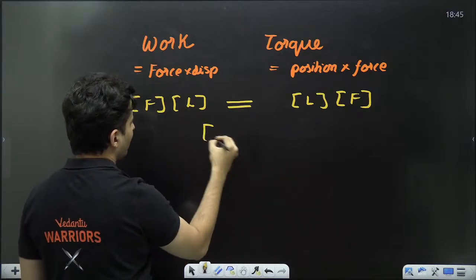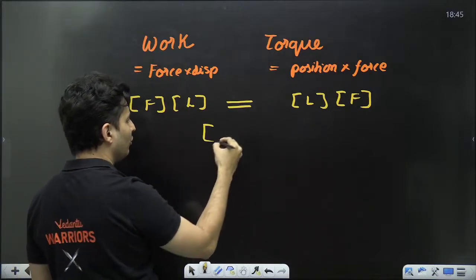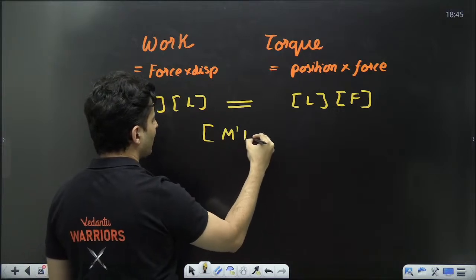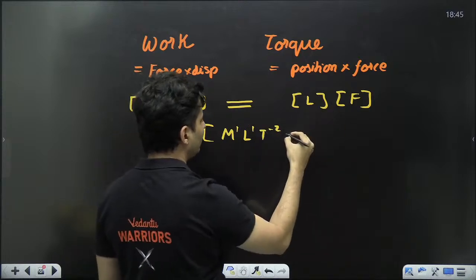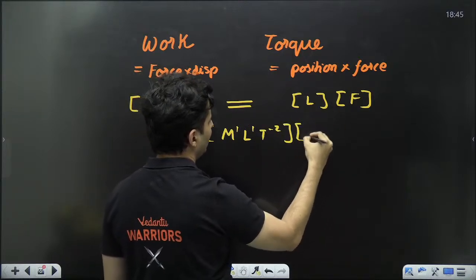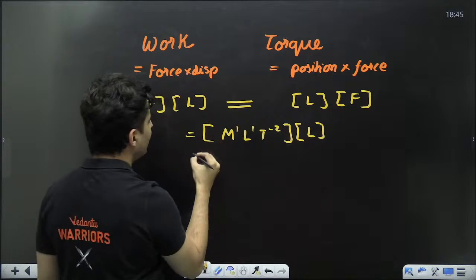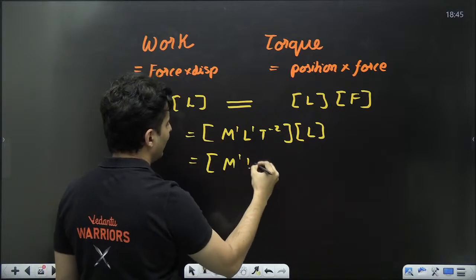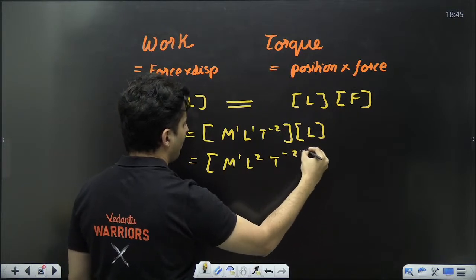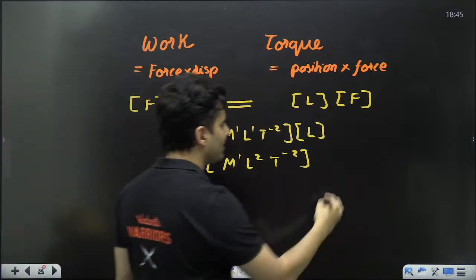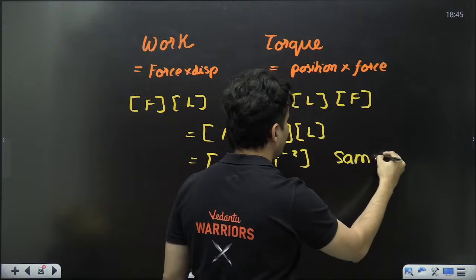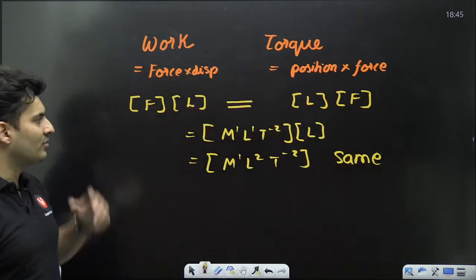In fact, the dimension of force was mass raised to 1, L raised to 1, T raised to -2, and into the length. So it will end up being M raised to 1, L raised to 2, T raised to -2. That's the dimension of torque, and that is going to be same both for torque as well as for work.